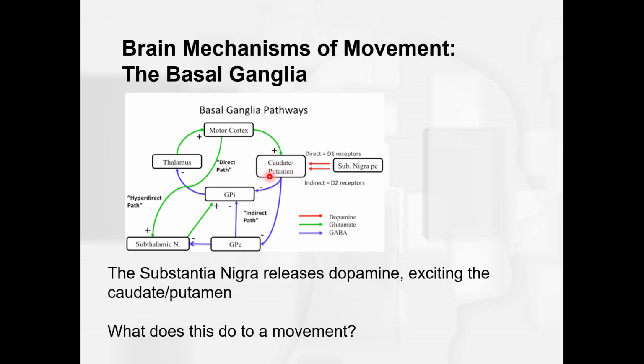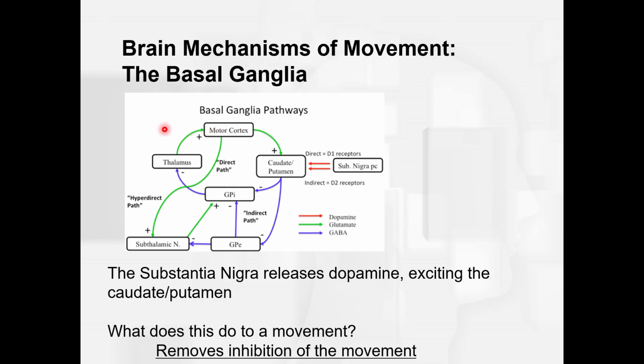The caudate then sends inhibitory signals via GABA to the globus pallidus, inhibiting it. That means the globus pallidus is no longer sending inhibitory signals to the thalamus. The thalamus can stimulate the motor cortex. And thus, the substantia nigra releasing dopamine into and exciting the caudate putamen removes the inhibition of movement.